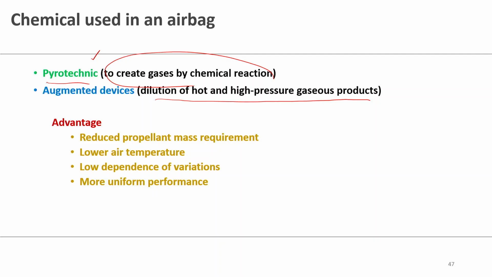These chemical reactions are done where nitrogen gas is generally created. So, advantages are reduced propellant mass requirement, low air temperature, low dependence on variations and more uniform performance.